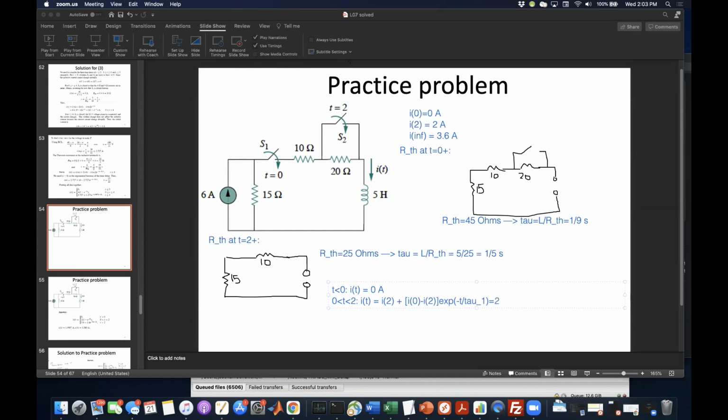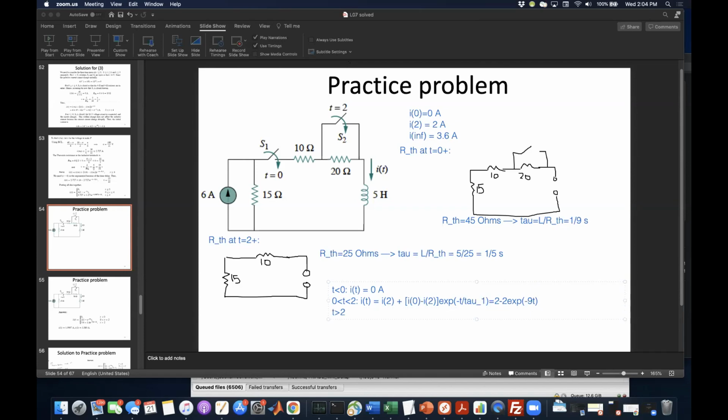So I of 2 we determined was 2. That's going to get added to 0 minus 2, times e to the negative t over 1/9, because this value here was 0, this value here was 2, and this first time constant was 1 over 9.